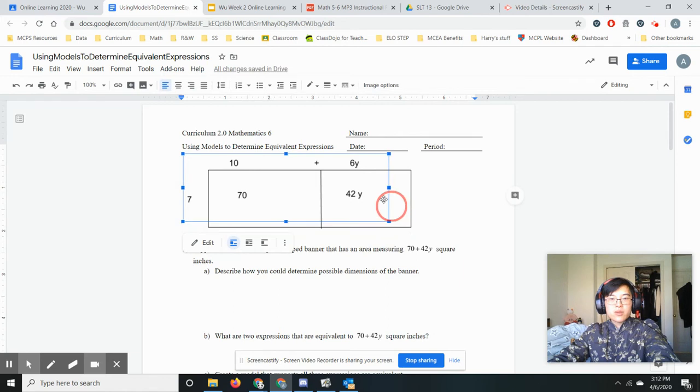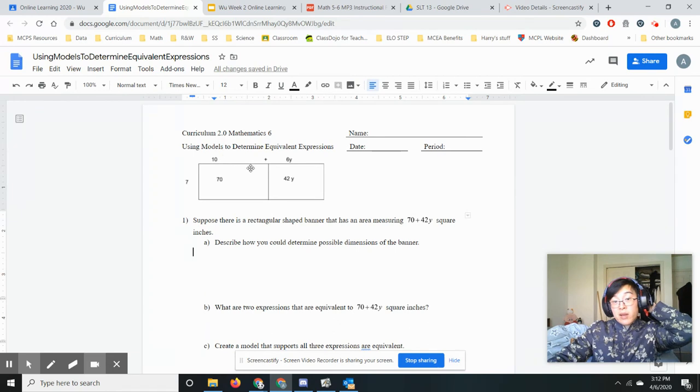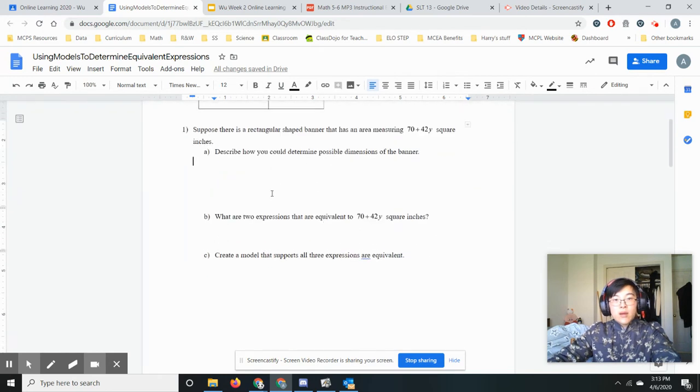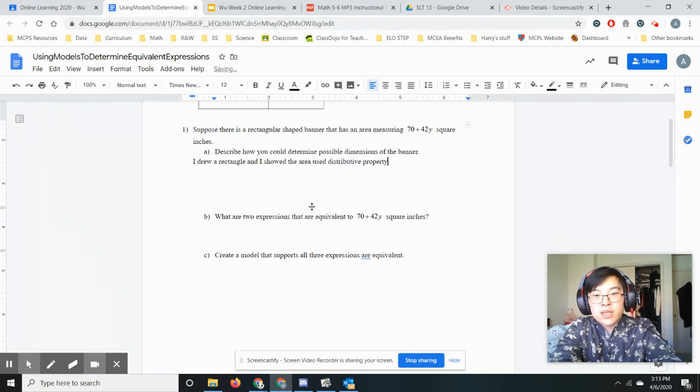I'm going to draw a picture. This is my picture showing that. This is going to help me a lot because since it's a rectangle, I know since this is 7, this is 7 as well. Since this is 10, this is 10 as well. This is 6y, this is 6y as well. How I did that: I drew a rectangle, showed the area, and used the distributive property to find the length and width.